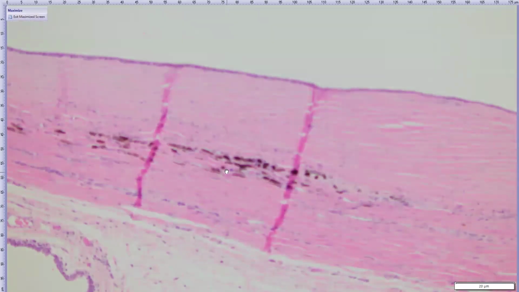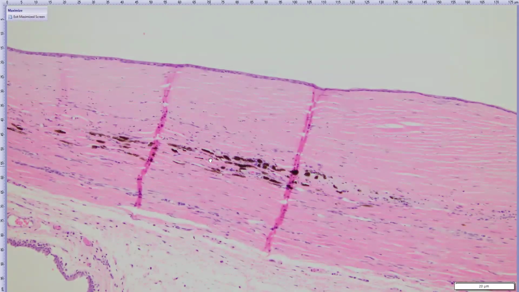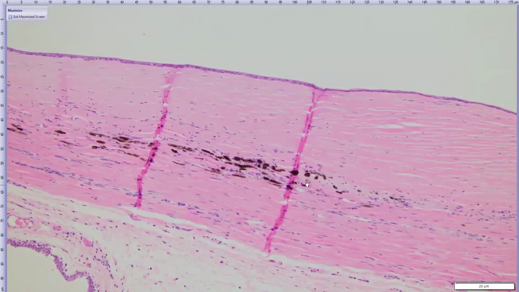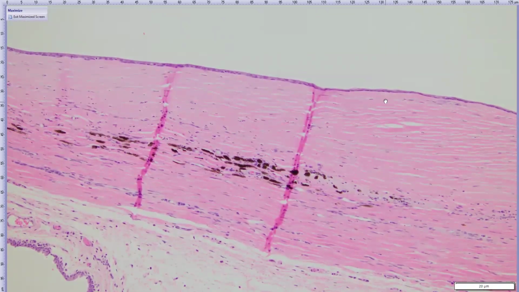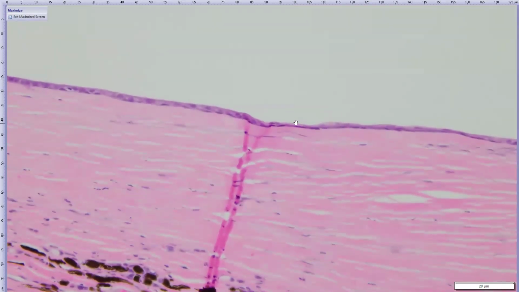Come back over here. Got our limbal region here with our bulbar conjunctiva. And so we have some sclera. We've got some pigmented cells left over here, and here is our dense fibrosis. And then on the inner surface of that, going circumferentially around, we have this layer of epithelial cells. It ranged from maybe one layer all the way up to maybe 8 to 10.